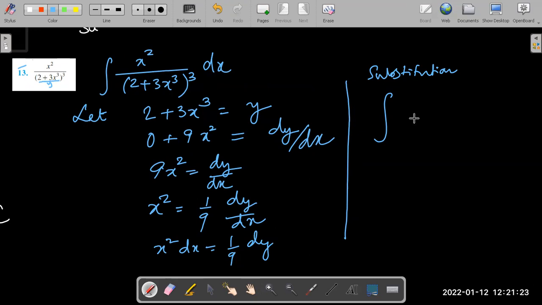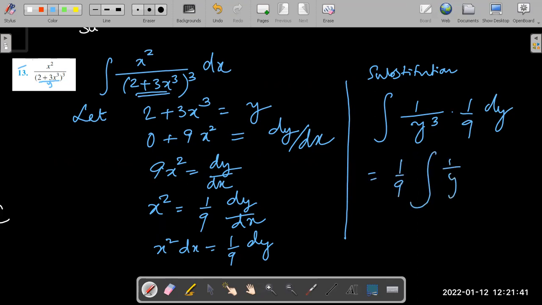So you have 1 divided by y cube into 1 by 9 into dy. Everything is in terms of y. That's equal to 1 by 9 integral 1 by y cube dy, that's 1 by 9 integral y to the power of minus 3 dy.